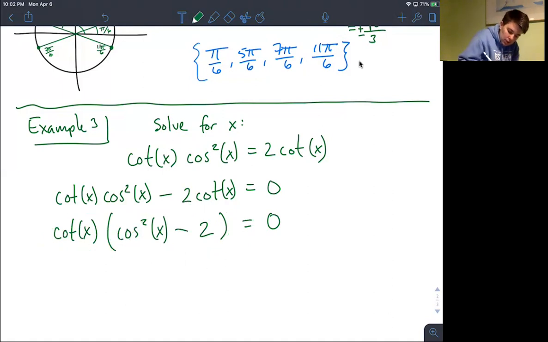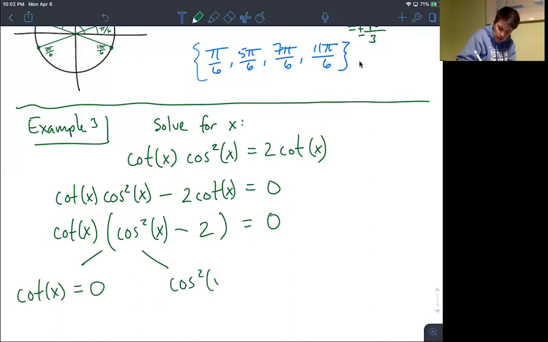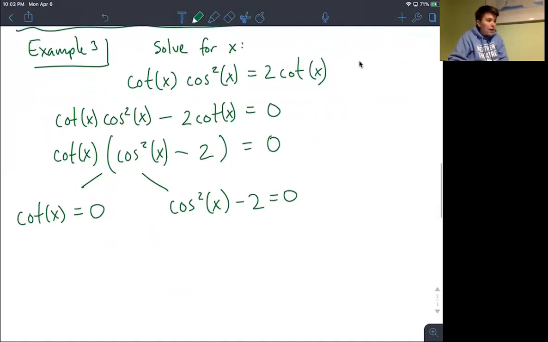So let's just go down here and say, the cotangent of x equals 0, or cosine squared x minus 2 equals 0, right? And then let's just solve this. So think about our unit circle. Where is the cotangent of x equal to 0?